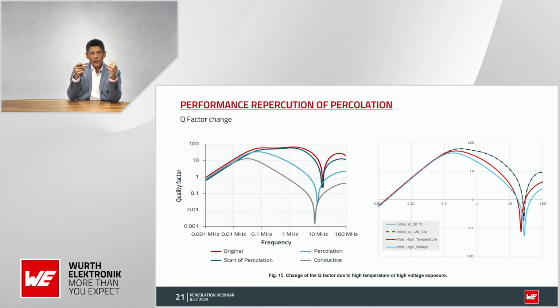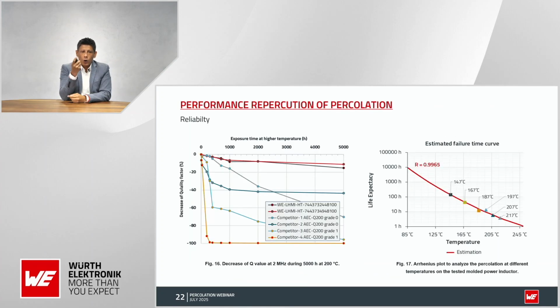But in the end, we start with one network, then another network, and with time almost all the material is affected. So we don't stop at 1,000 hours of test as AEC-Q recommends.